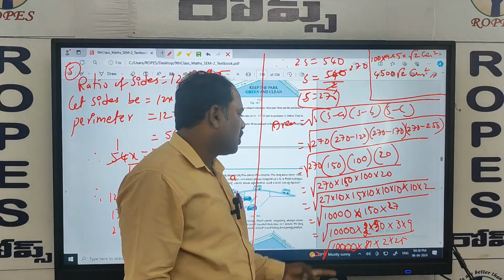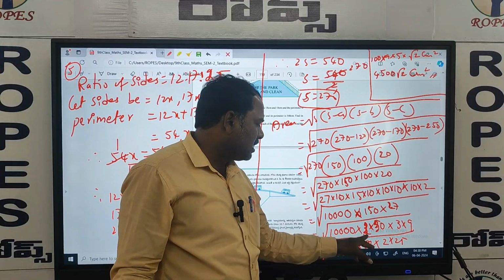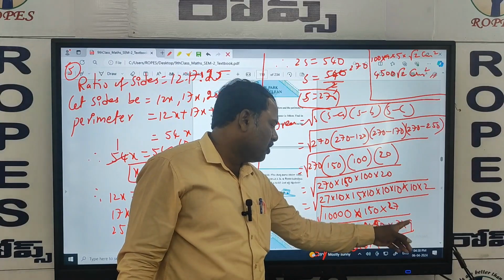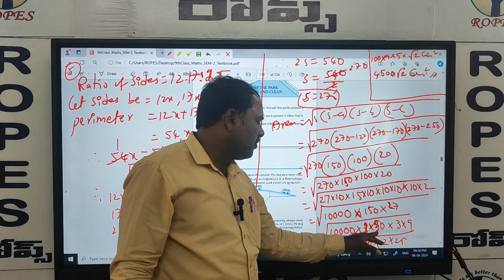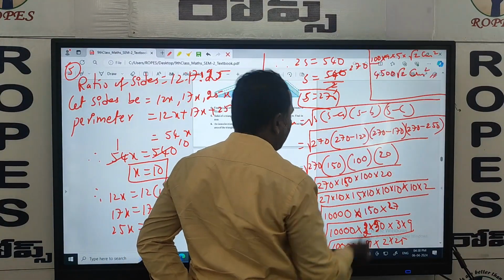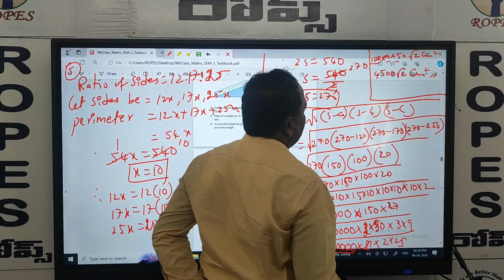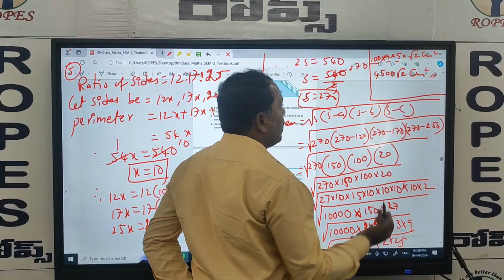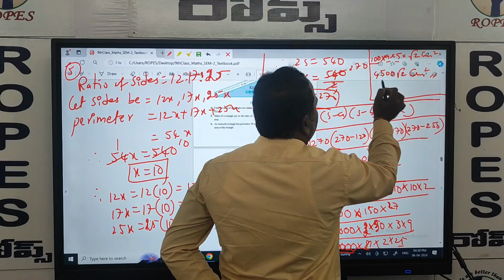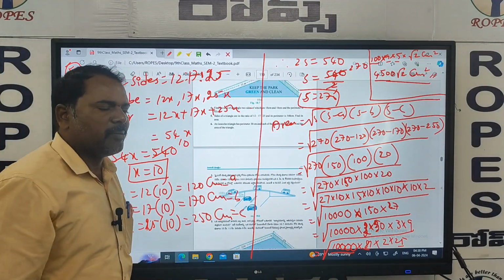So instead of four tens we write 10,000 into 150 into 27. Again 150 is 3 into 50, and 27 is 3 into 9, so 3 into 3 into 9 gives 81. Next 50 is 2 into 25. The square root of 10,000 is 100, the square root of 81 is 9, and the square root of 25 is 5. For the remaining 2 there is no square root value, that's why root 2. So 100 into 9 is 900, and 900 fives are 4,500. Finally, the answer for this triangle is 4,500 root 2 centimeter squares.